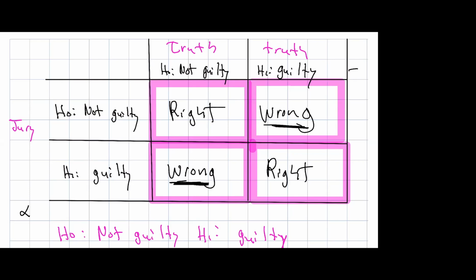So a type 1 error is when you reject H0 when H0 is correct.